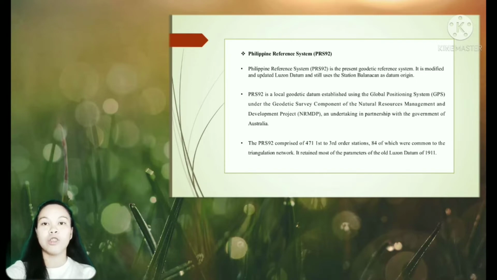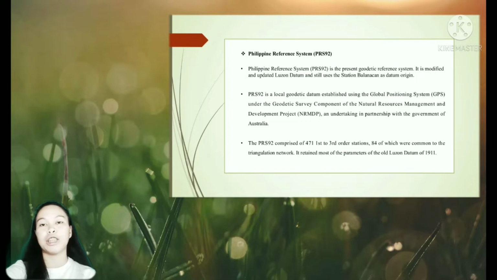It was designed to be the reference framework for all surveying and mapping that will replace the primary triangulation network of the country established by the U.S. Coast and Geodetic Survey from 1901 to 1927, whose accuracy was found by NRMDP to be less than third order based on the current standards.